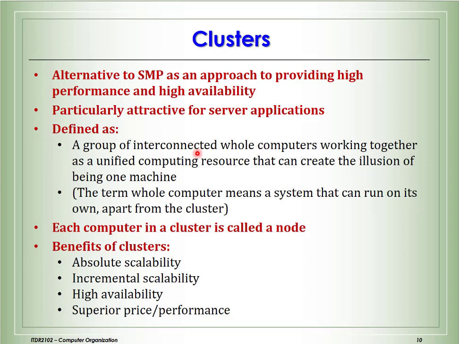There is a limitation in the symmetrical multiprocessor. We have a limit. Beyond that limit, we are not allowed to add more processors, because the performance will decrease substantially. Okay.